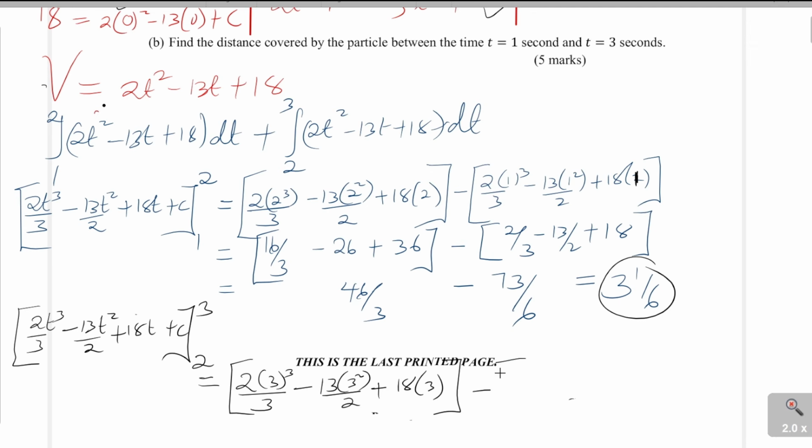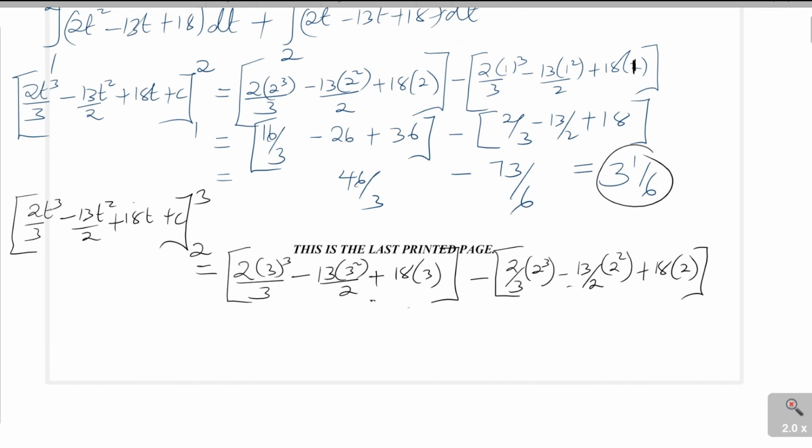Then we substitute 2: 2 thirds times 2 cubed minus 13 over 2 squared plus 18 times 2.